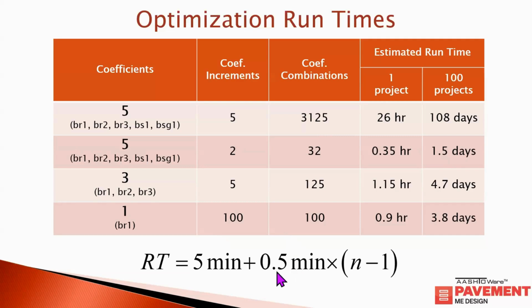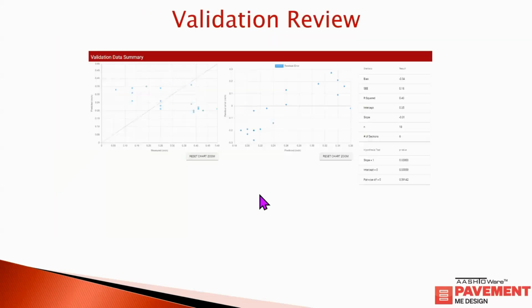Basically only the executables within pavement ME design that are directly affected by the change in the calibration coefficients are being run. If you want to get a rough idea, use this formula, but again, this has improved with time, so this is conservative at this point. But keep in mind, that's assuming you're able to run right away. And it's very likely you could be in queue behind somebody else. So that's an issue we're aware of and trying to deal with and improve.